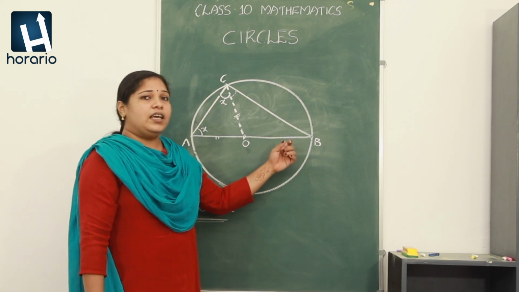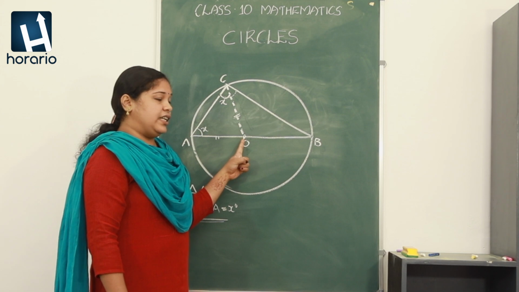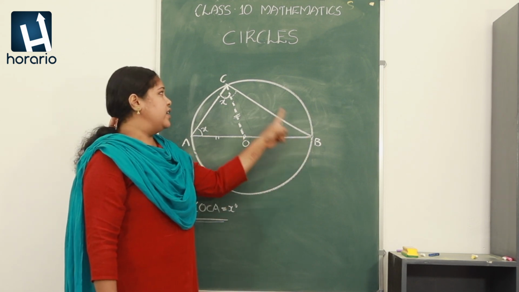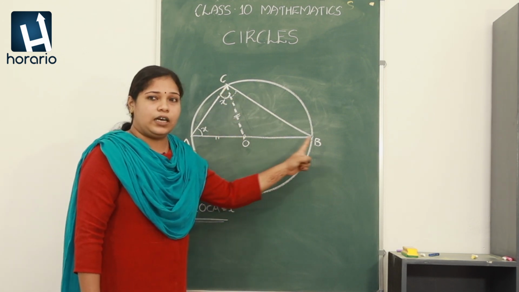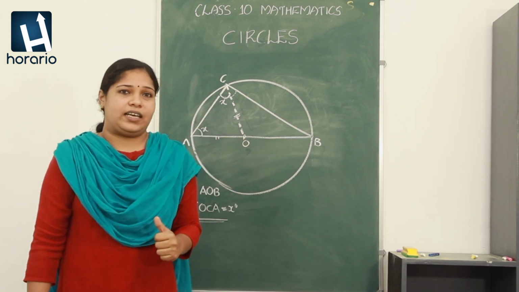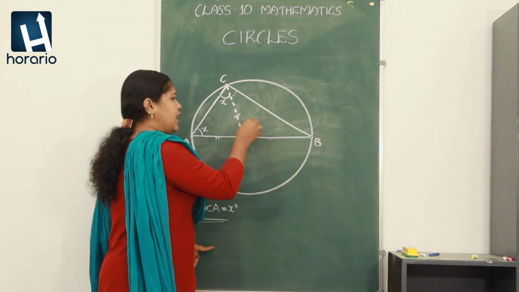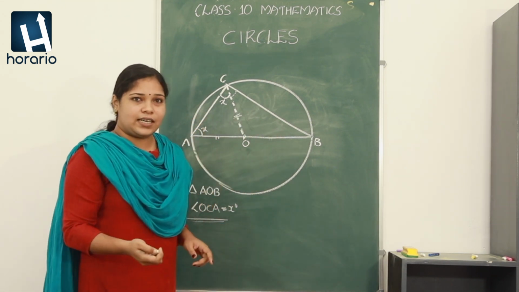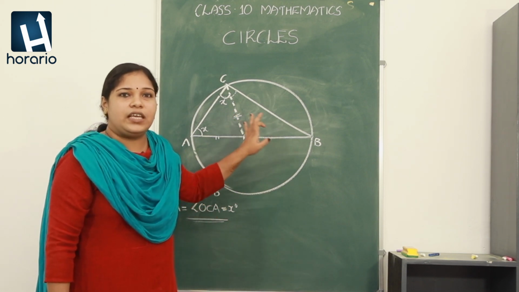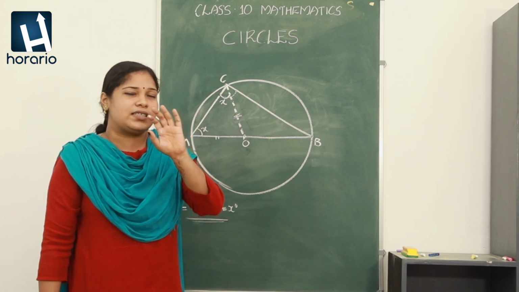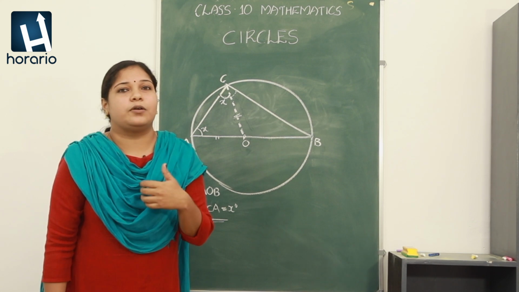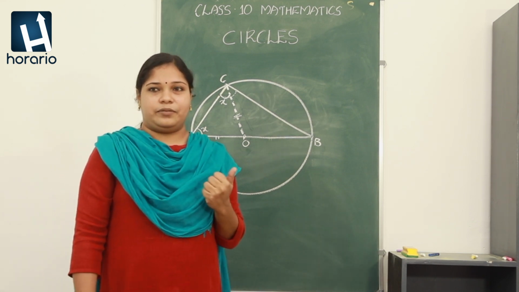Similarly, if we consider triangle OBC, what can we say about that triangle? OB as well as OC are radii of the circle, so OB is equal to OC. In the same way, triangle OBC is also an isosceles triangle.